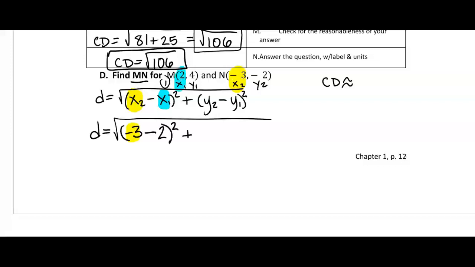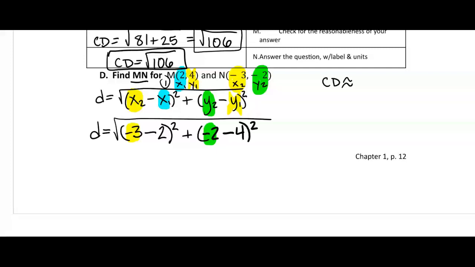Quantity squared plus y sub 2, which was -2, minus y sub 1, which was 4. Quantity squared. So we watch our signs, we watch our squares.